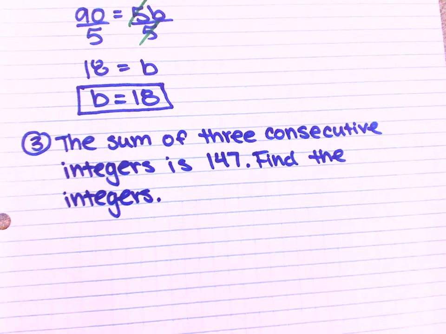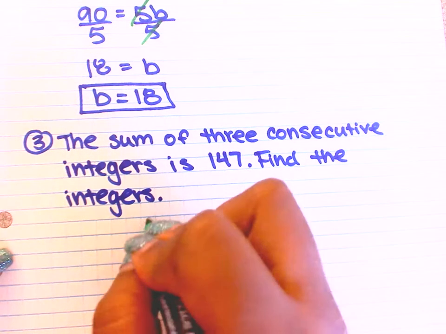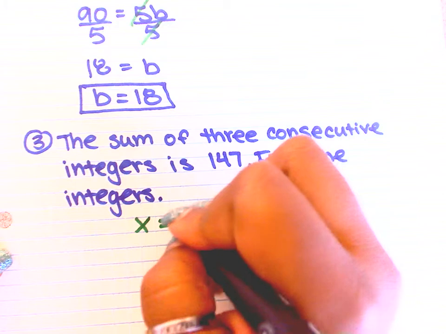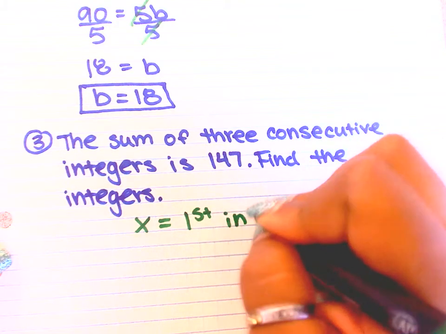Wait, Ms. Graham, I'm kind of confused. They said there's 3 consecutive integers that equal 147, and to find the integers, how am I supposed to do that? Well, let's decide what our variable's going to be. I think I want x to represent my first integer.